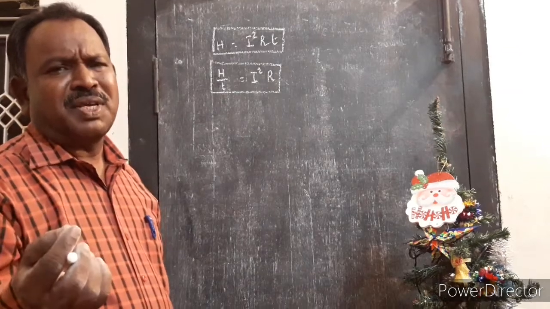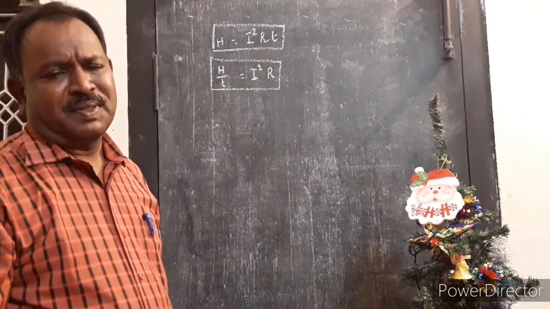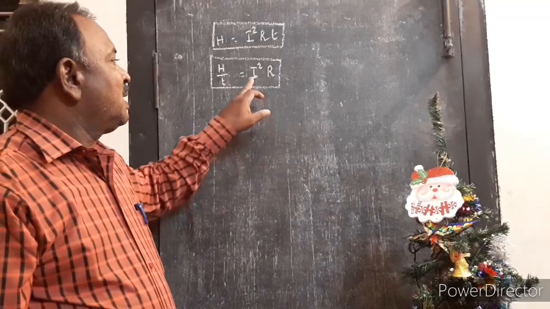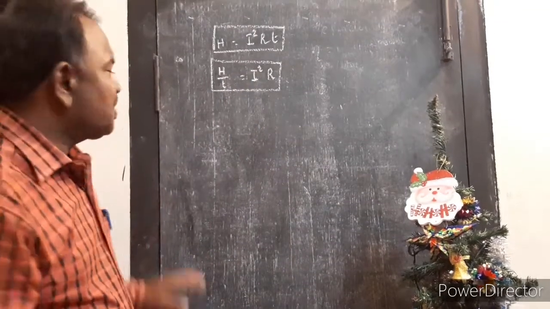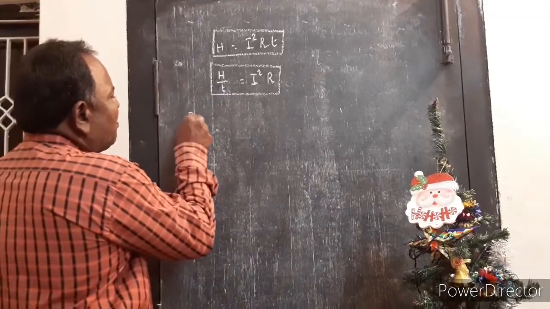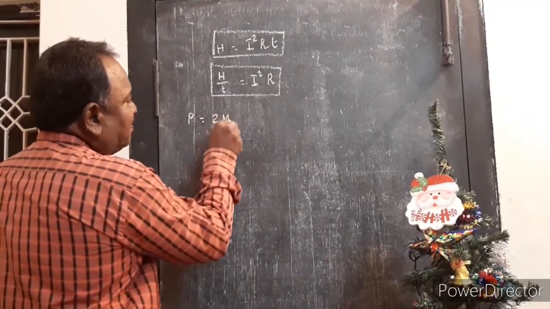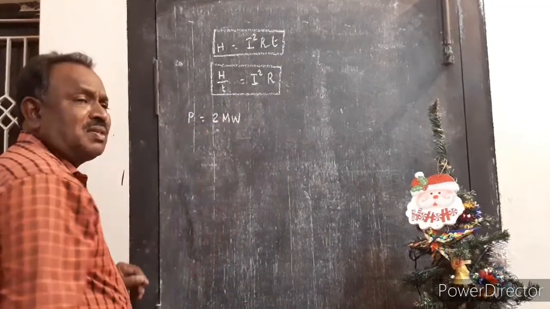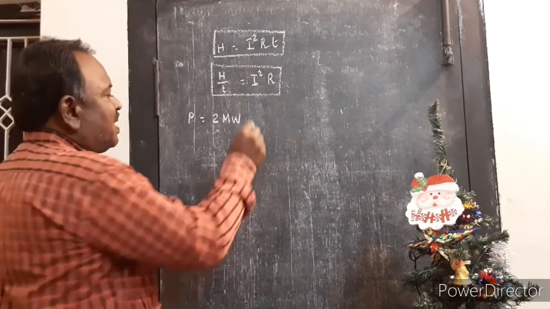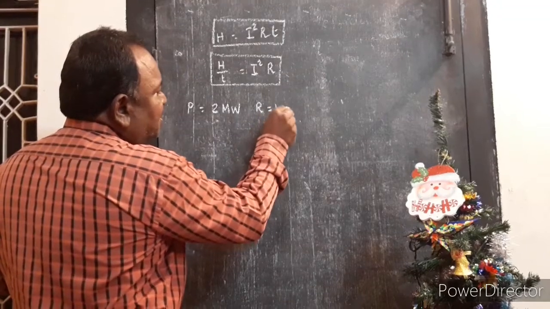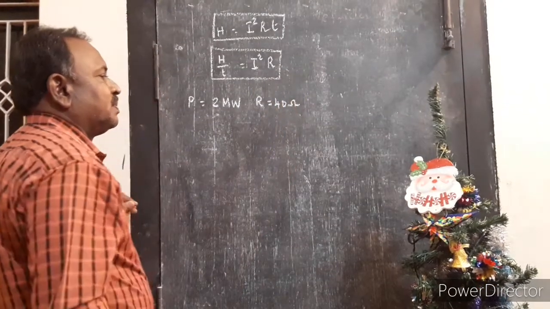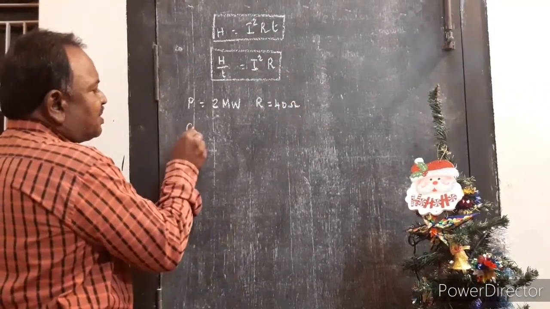Now we are going to see a simple example of how the decrease in current reduces the power loss. Suppose I am having electric power of 2 megawatt. This 2 megawatt electric power has to be sent through transmission lines whose resistance is 40 ohm. We are going to see two cases.